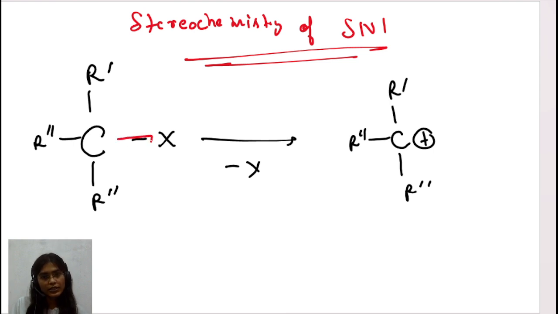Let's suppose this X is at a wedge position, because right now we are talking about stereochemistry, and let's say this R is at a dash position, like this. If you observe something here, it's a wedge and it's a dash.